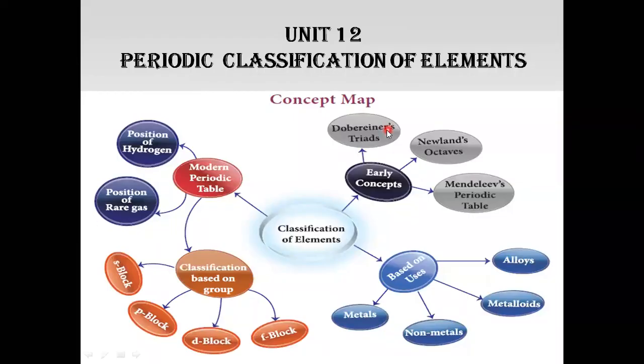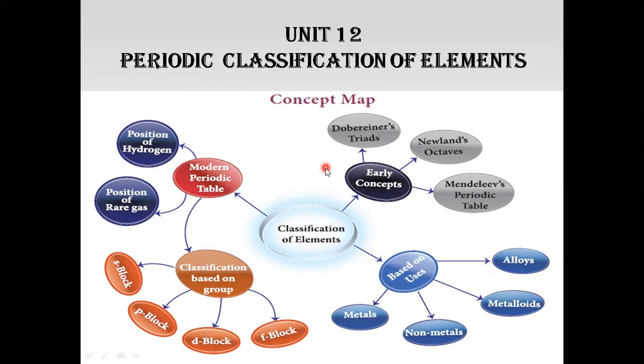This is the concept map for the periodic classification of elements. These elements are classified into early concepts, modern periodic table, metals, non-metals, s block, p block, etc. One by one we will discuss.